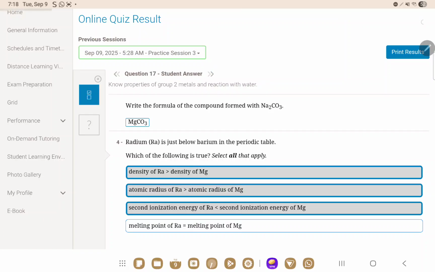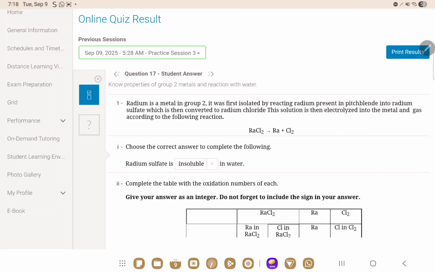Moving on. I think this is the last new question that's part of the AS only material. Now, radium sulfate is insoluble in water. Let me see if I have a rule about this.